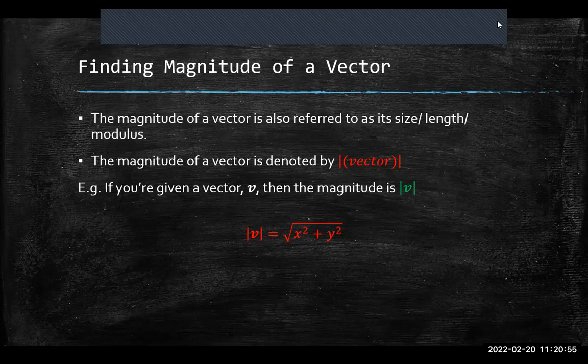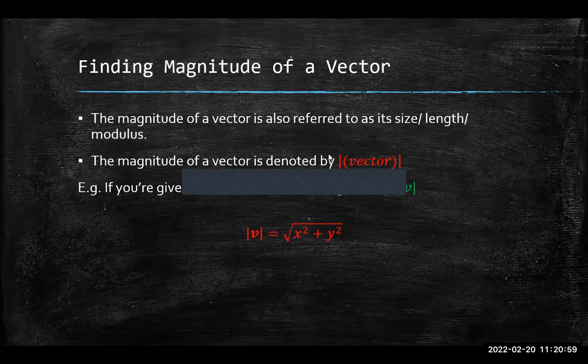Okay. So how exactly do you find the magnitude of a vector? I'll show you why it's not x plus y. The magnitude of a vector is denoted by this: you would see two lines here, and then the vector in the middle. Let's say given a vector v, which I've bolded because I'm typing.